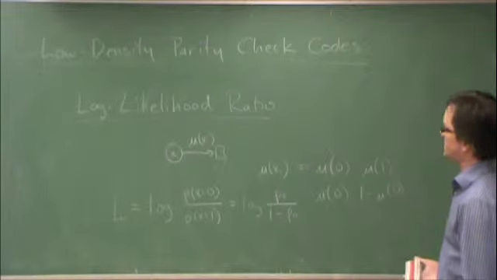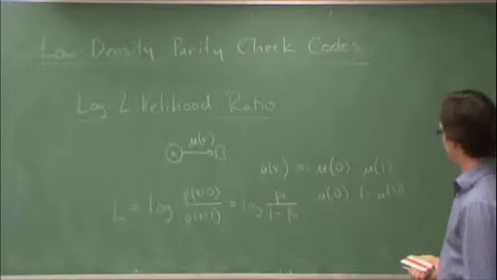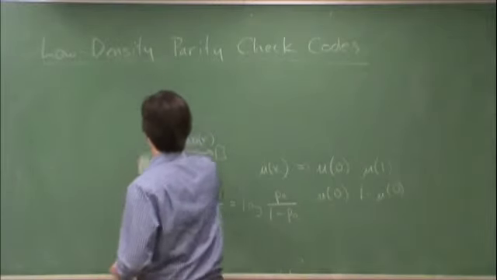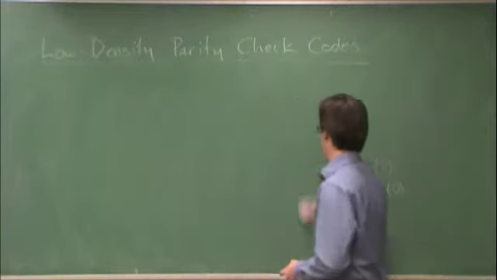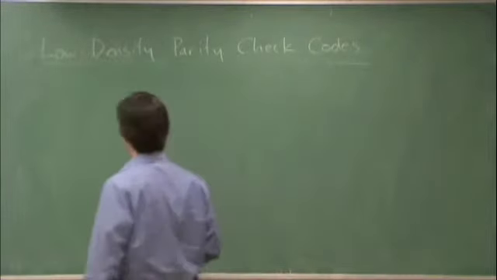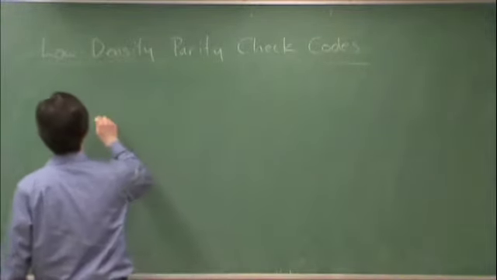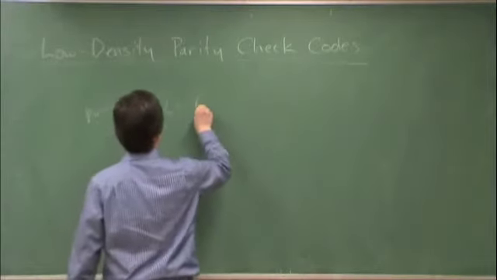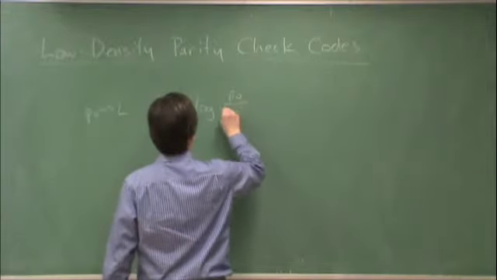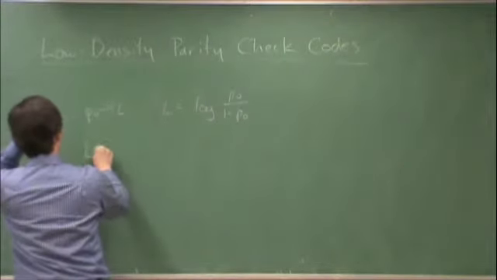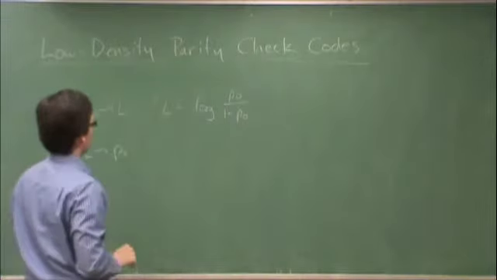So how does this impact our calculation of messages? Firstly, we've seen how to get from p0 to L. L is log of p0 over 1 minus p0. How do we invert that? In other words, how do we go from L to p0? Well, let's solve for it.